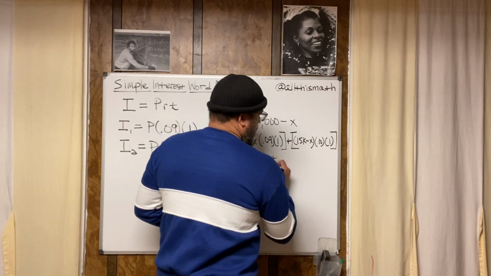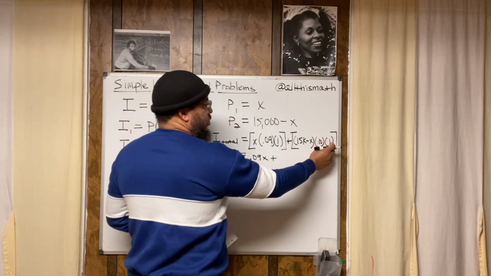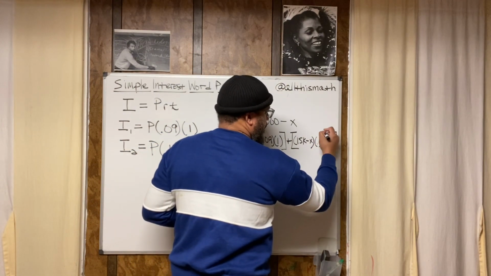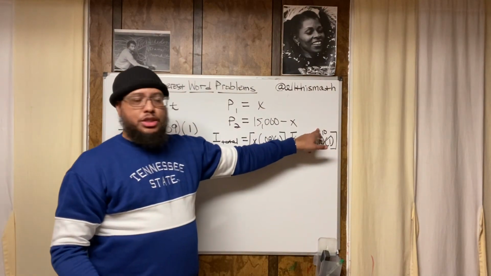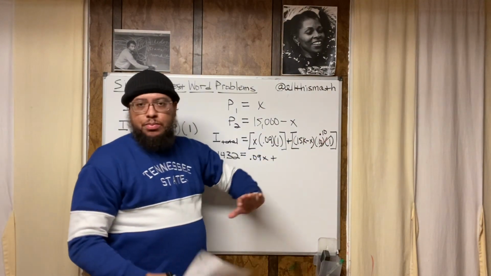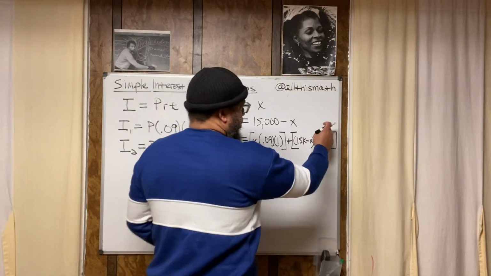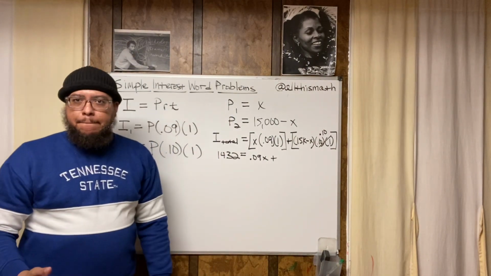Then over here, this is going to be 0.1. Then we have to distribute, because this is going to be 0.10. I put a slash through it because I rewrite it as just 0.10, because 0.10 times 1 is just 0.10, because we're just multiplying by 1. Now I got to distribute this times this. So 15,000 times 0.1, right?